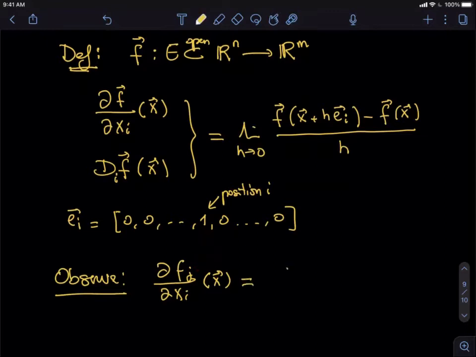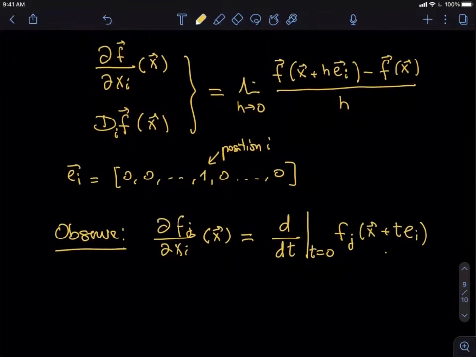Okay, this is the usual derivative with respect to t at t equals 0 of the function fj of x plus t ei. Okay, so here we are freezing all coordinates except j. Okay, so we can think about it as a 1D derivative. The 1D derivative of the function that results from freezing all coordinates except the ith coordinate.